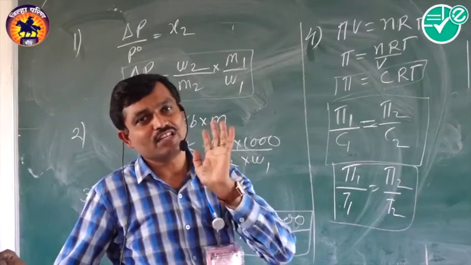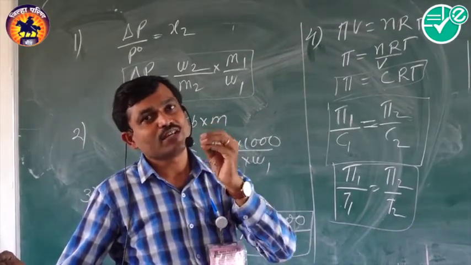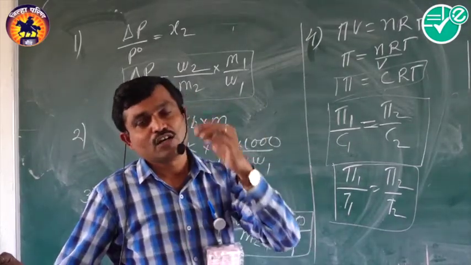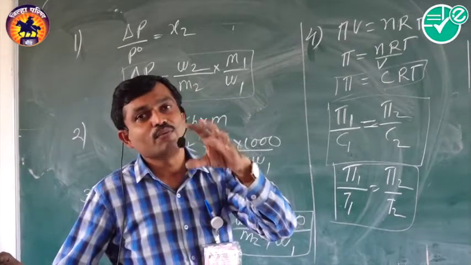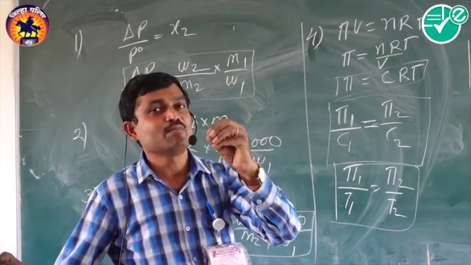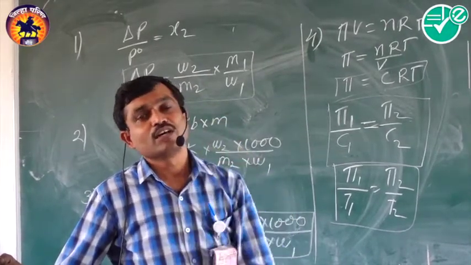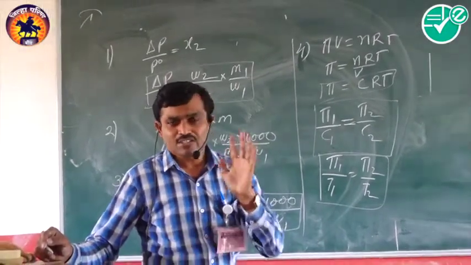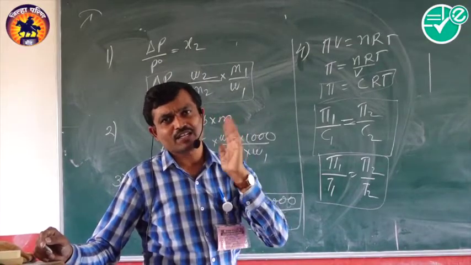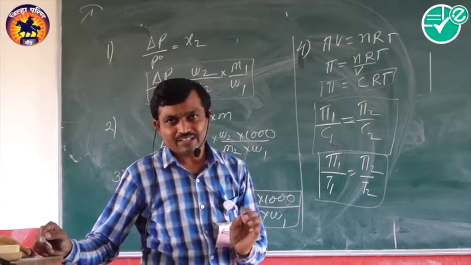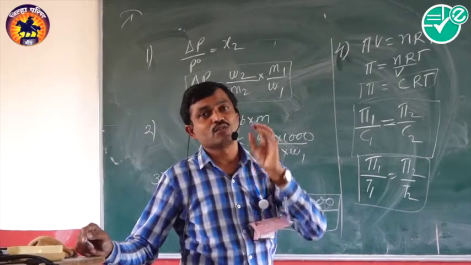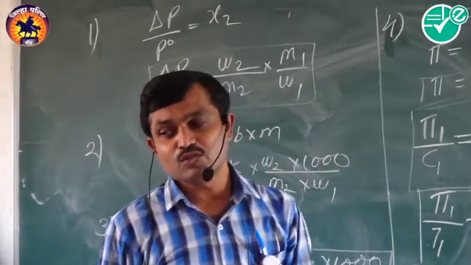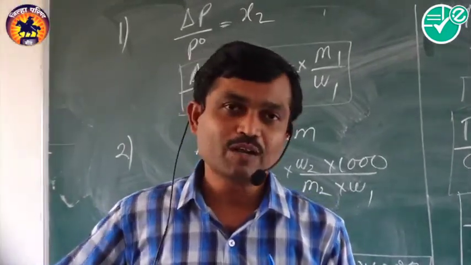Suppose NaCl is there; we consider NaCl as one particle, but when it is dissolved in the solvent, it behaves like separate Na plus and Cl minus, and therefore the number of particles is twice. So the expected colligative property by theory is not obtained, and the observed colligative property is different. Depending upon the number of solute particles, the colligative property is different.